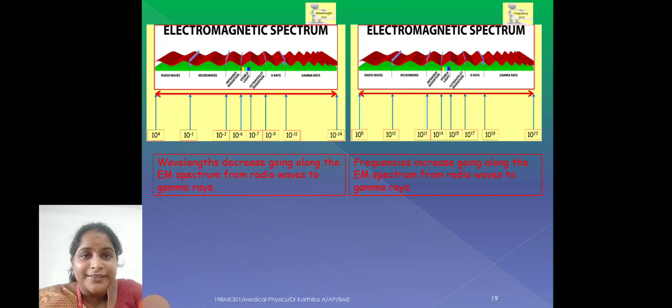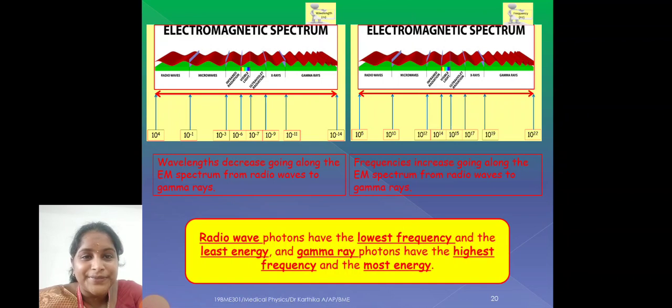See this one: the wavelengths decrease going along the electromagnetic spectrum from radio waves to gamma rays. And the next picture shows the frequencies increase going along the spectrum from radio waves to gamma rays. This diagram shows the different aspects of wavelength and frequency for the electromagnetic spectrum from radio waves to gamma rays.